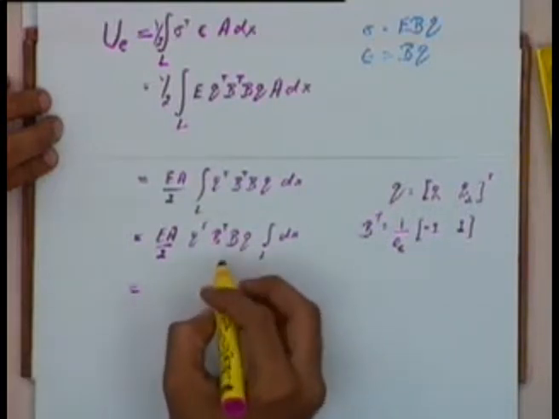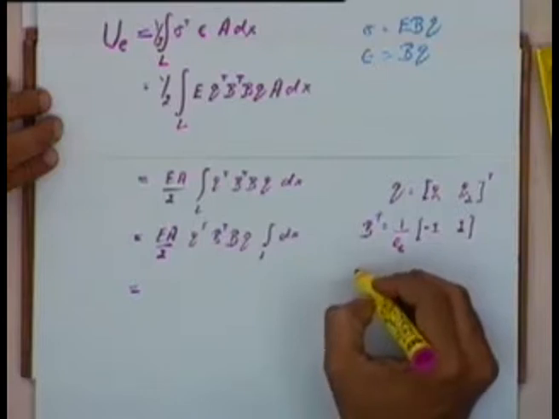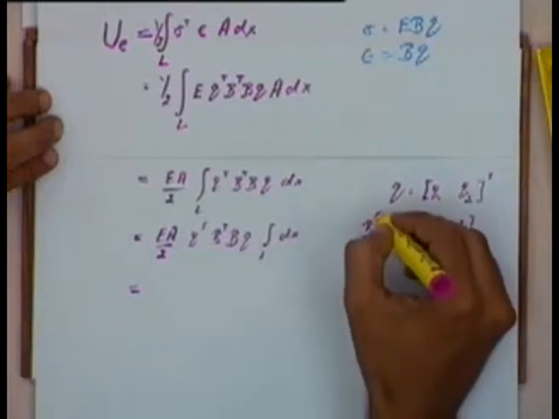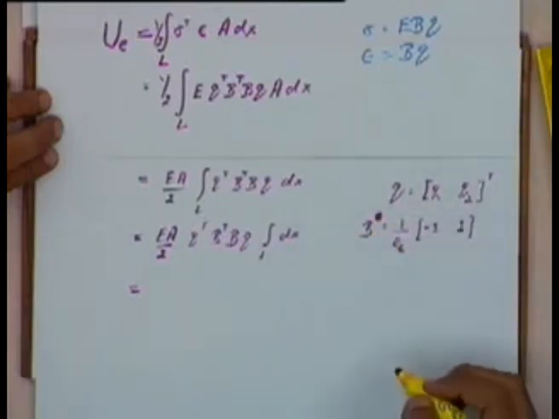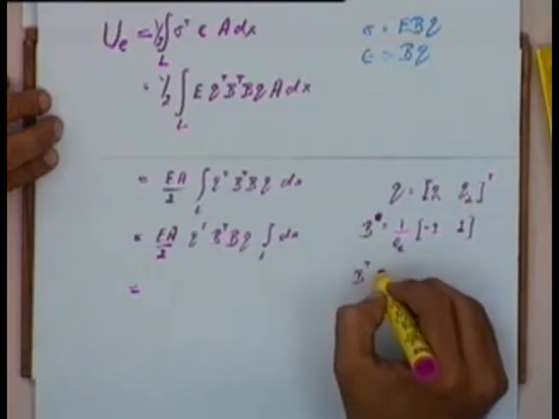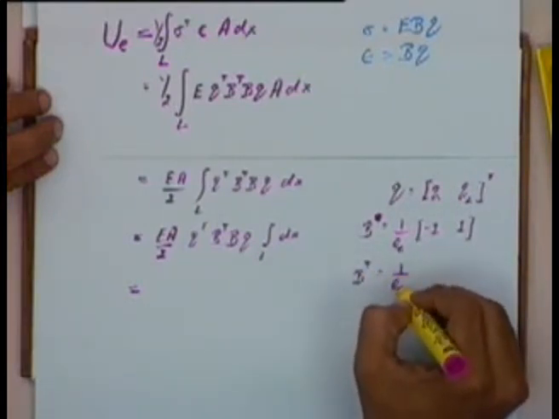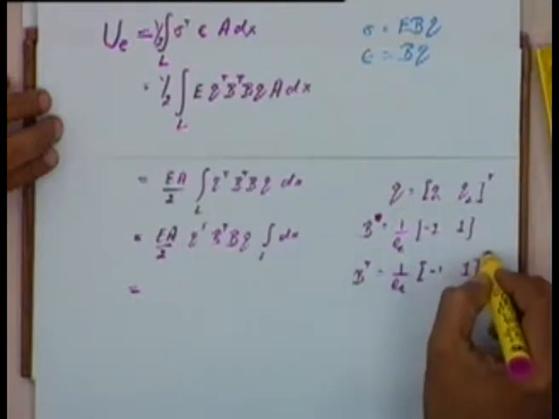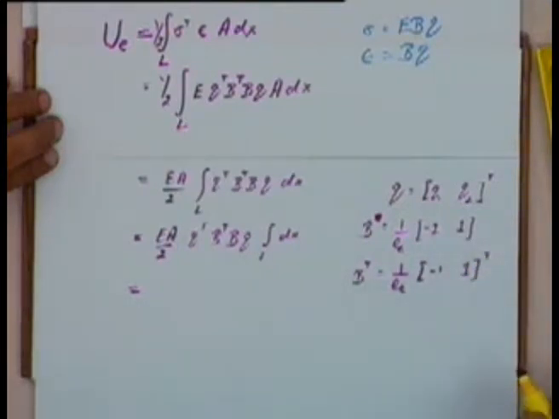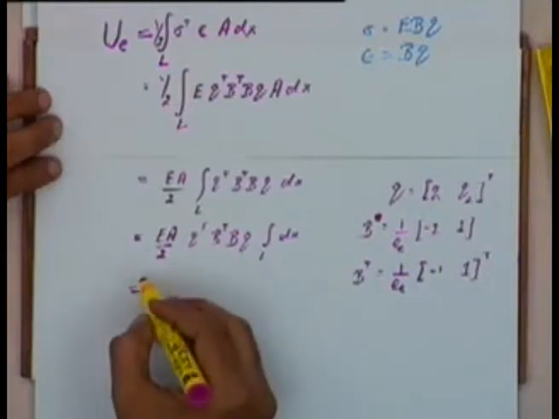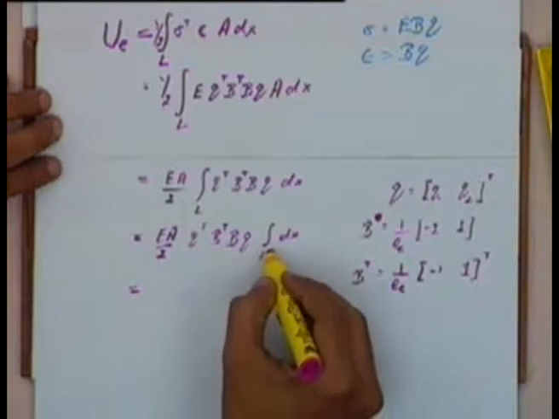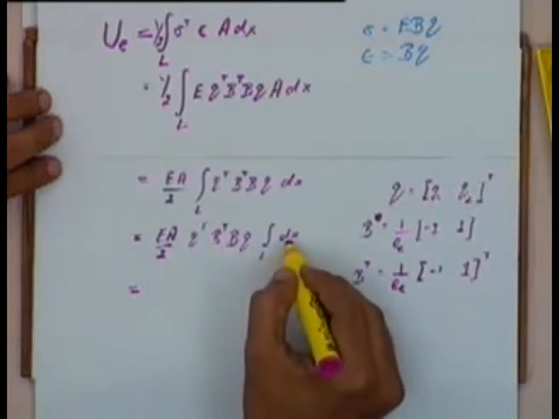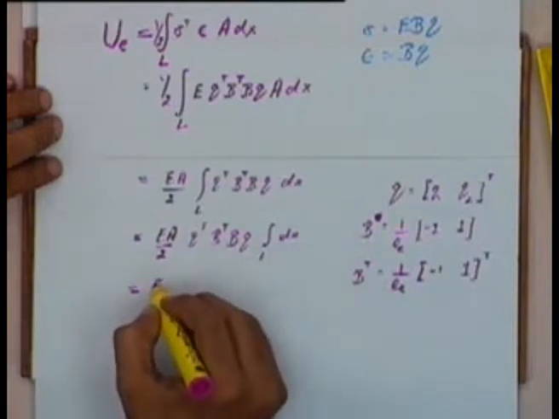Now B transpose is this multiplied by, sorry, I think this is B. And B transpose would be 1 over LE multiplied by minus 1 1 transpose. The integral over the length of dx is nothing but the length of the element.